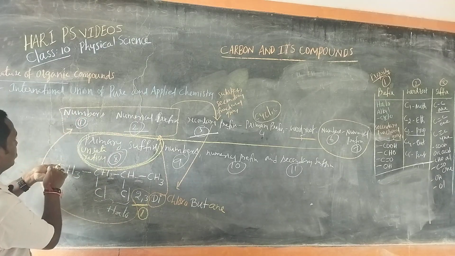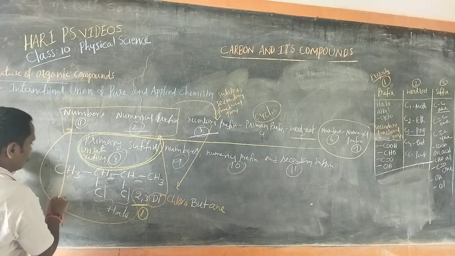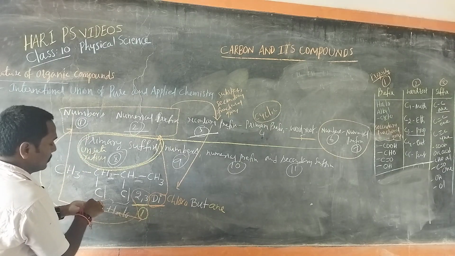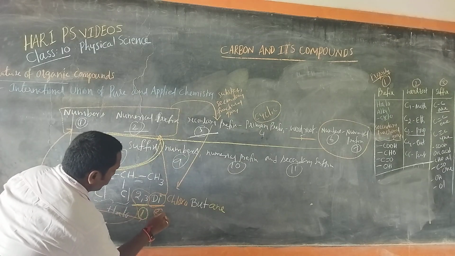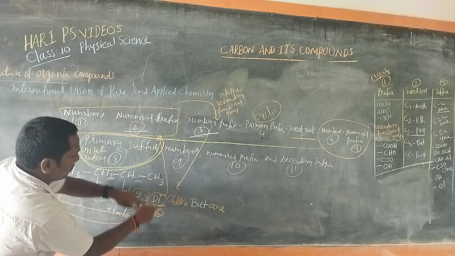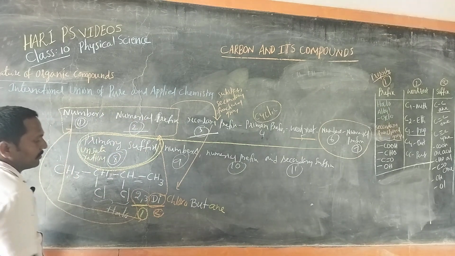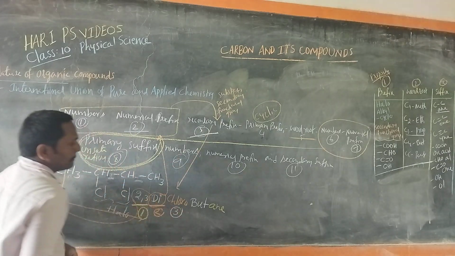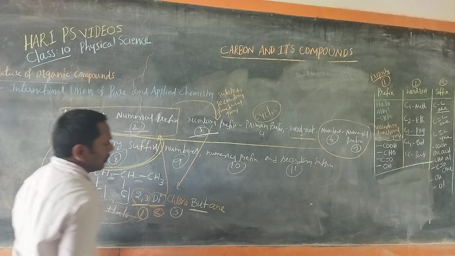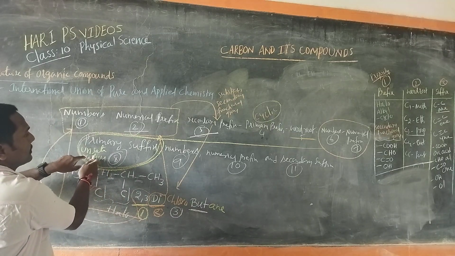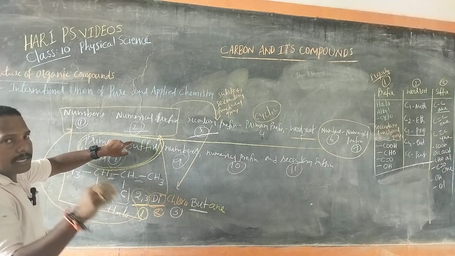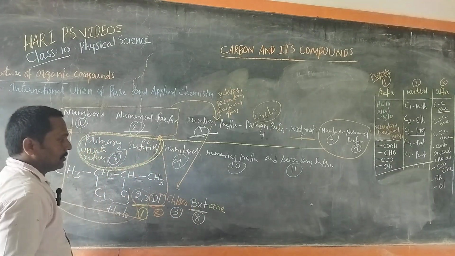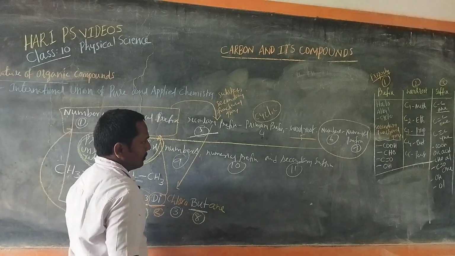This di is the second part, the numerical prefix. Chloro is the secondary prefix. But is the word root, and the unsaturation is the primary suffix, saturation and unsaturation: 8, single bonds.